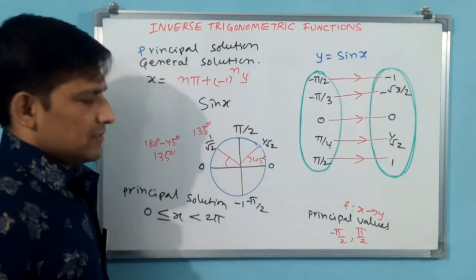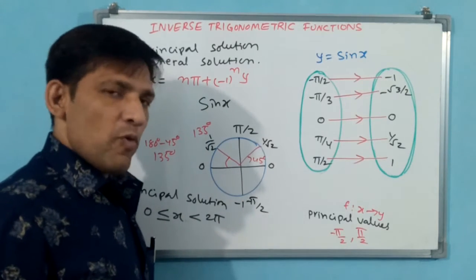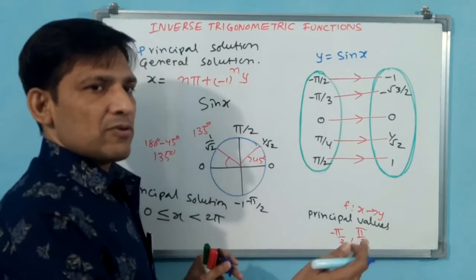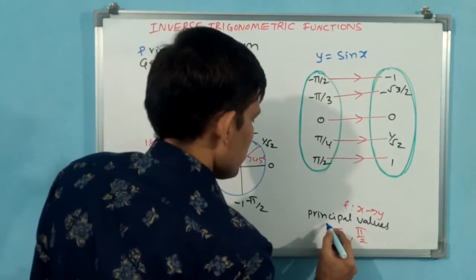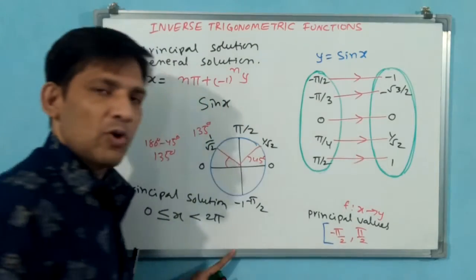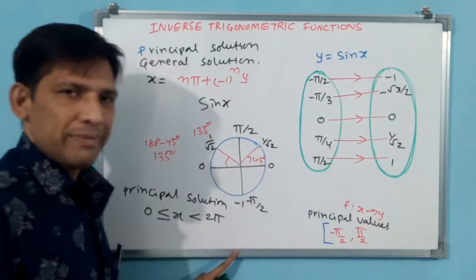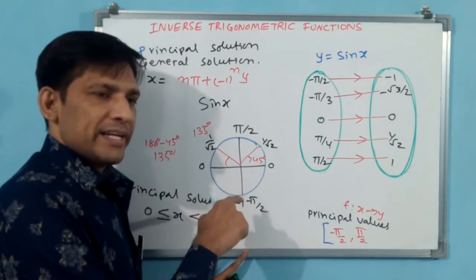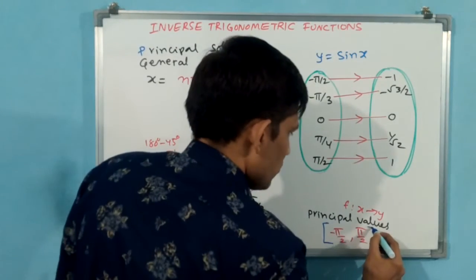What about intervals? Minus pi by 2 to pi by 2, okay, but minus pi by 2 can also be taken, so you put a closed bracket. Pi by 2 also you can take, yes, then you put a closed bracket here also.